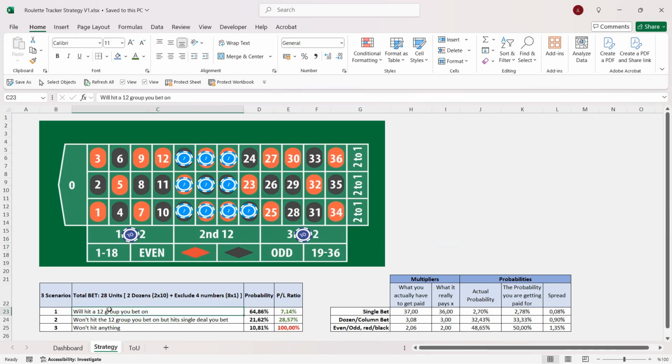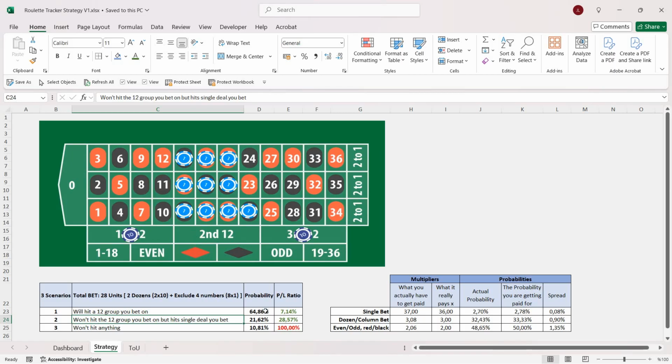Either it is going to hit a 12 group that you bet on, which is this and this. In this case, the probability is nearly 65%, and the profit ratio is nearly 7%. Or the second scenario applies. It is not going to hit the 12 group that you bet on, but it's going to hit a single number that you bet on. Let's say we bet on the first and the third dozen, and it hit the number 13.